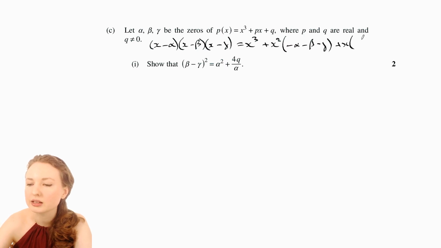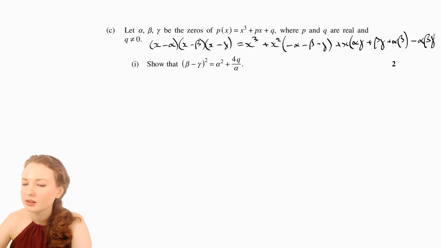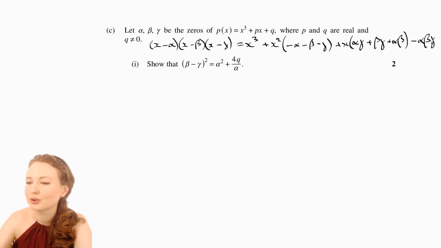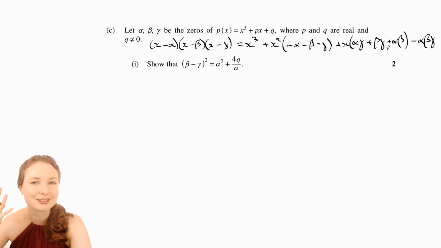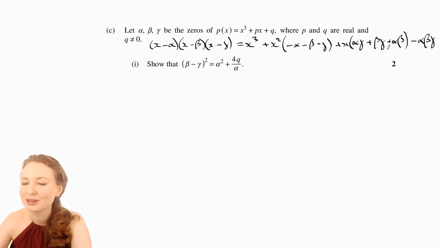With the x's, there's going to be alpha gamma plus beta gamma plus alpha beta. And then the constant term is going to be minus alpha beta gamma. If you practice, you can do that quite quickly, even just in your head. I think that's better than memorizing what they are, but I suppose memorizing them is faster.